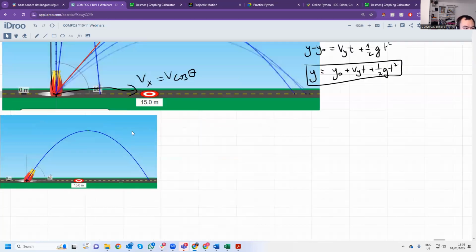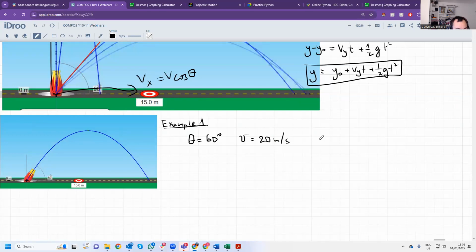Example one: theta is 60 degrees, velocity is 20 meters per second, and your initial position, x0, y0, is 0, 0.